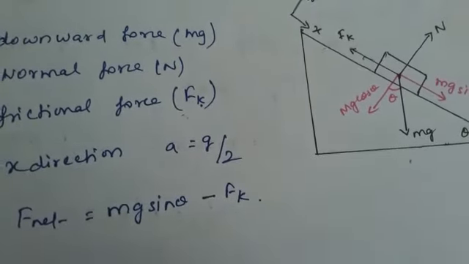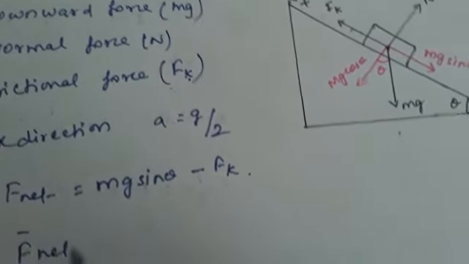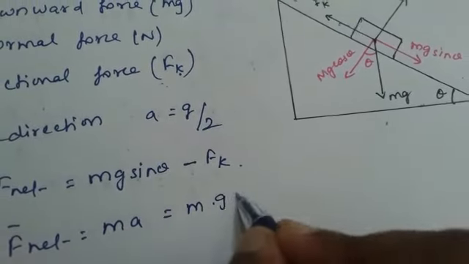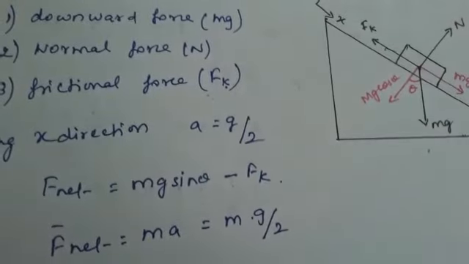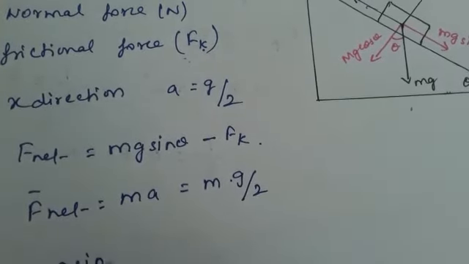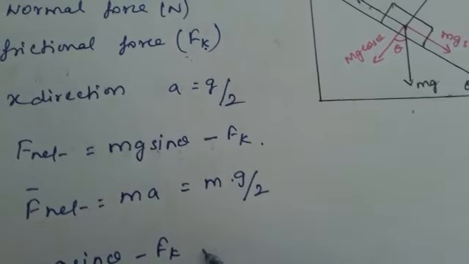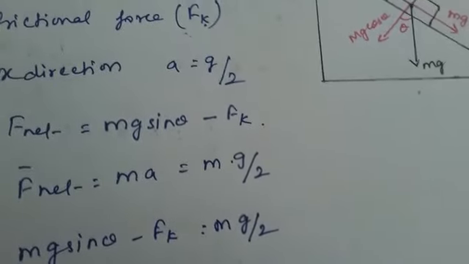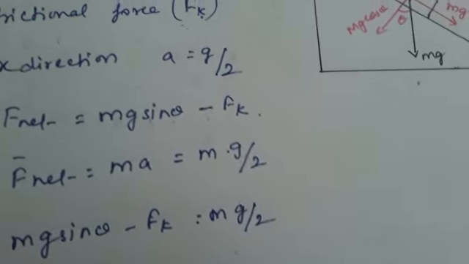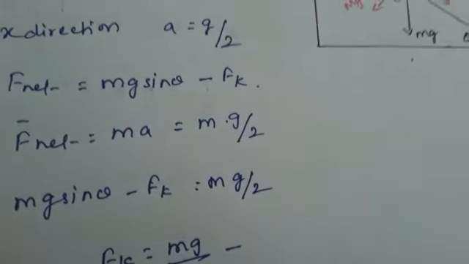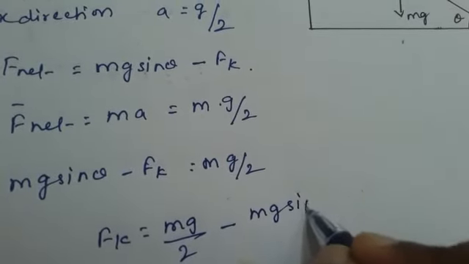So according to Newton's second law, F net is equal to ma. But here it is m into g by 2 because the acceleration is g by 2. So we can equate these two equations. So mg sin theta minus Fk is equal to m into g by 2. So Fk is equal to mg by 2 minus mg sin theta.